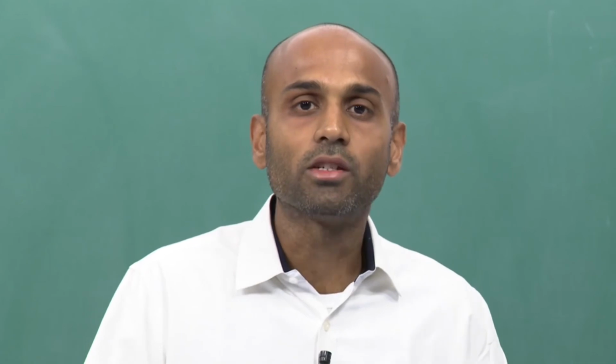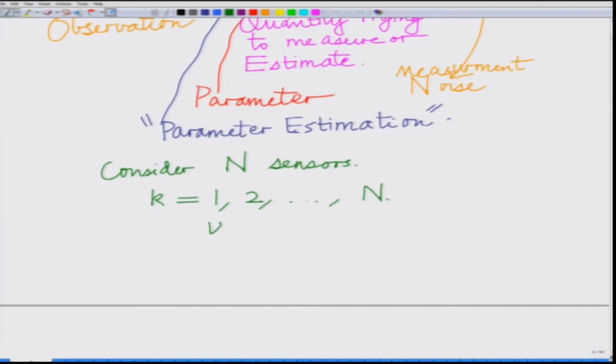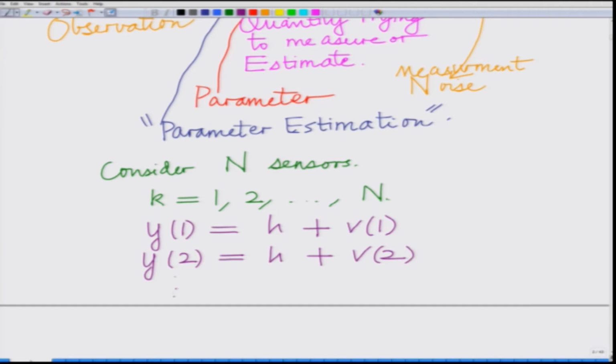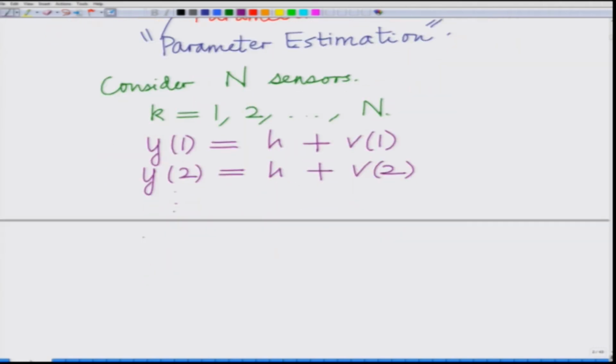So these measurements can be modeled as follows. Naturally I can replicate the model at each sensor. At sensor 1, I have measurement y1 equals h plus V1, because they are trying to measure the same parameter; y2 equals h plus V2, which is a different noise V2, and so on; yn, the nth sensor, equals h plus Vn.